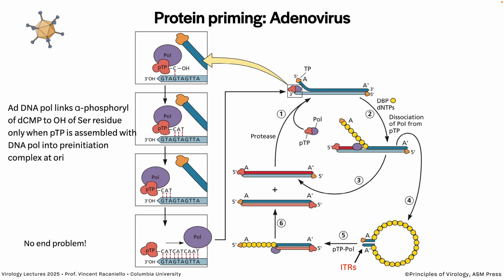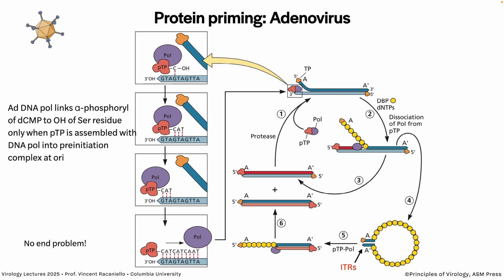They look just like the end of the viral genome. And so the polymerase will then come in and start copying this strand by the same protein priming mechanism. So that's the top strand, which was displaced. Meanwhile, we have a double strand product made by the initial copying. So we're going to end up with 2 double-stranded products.